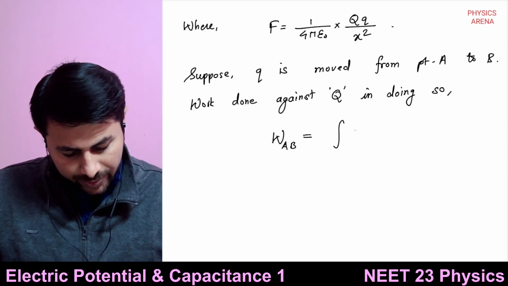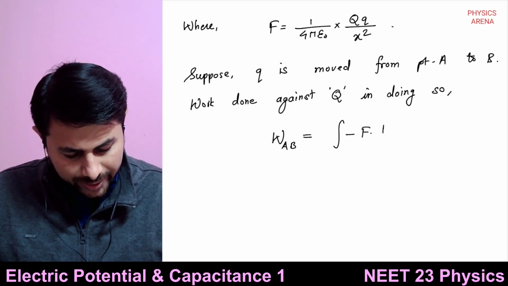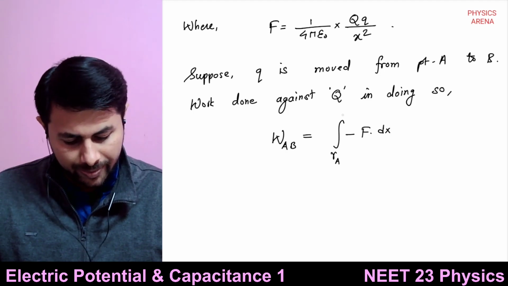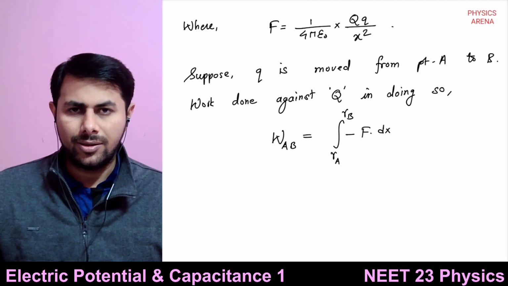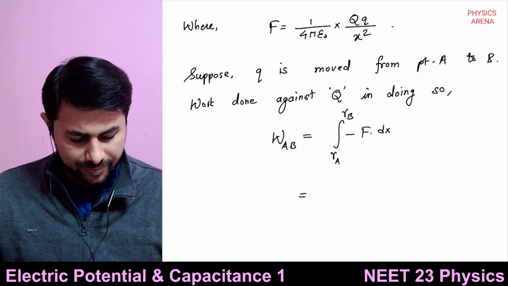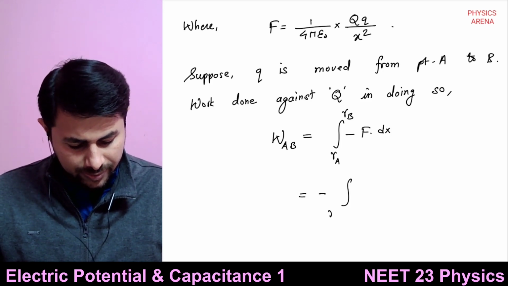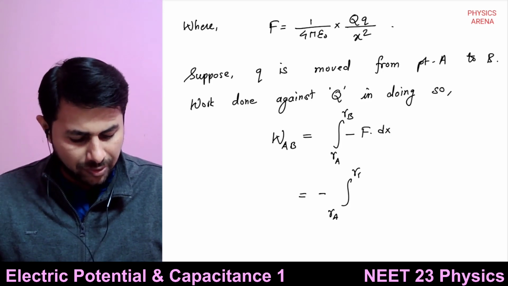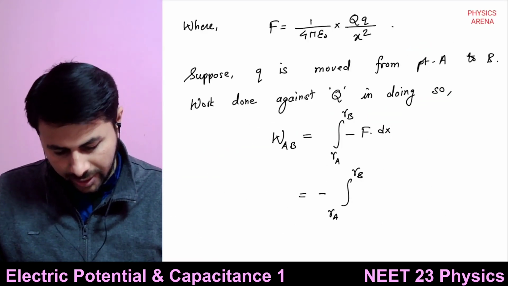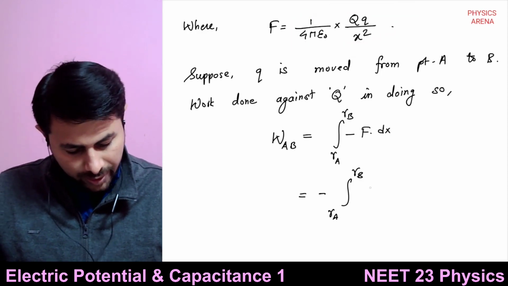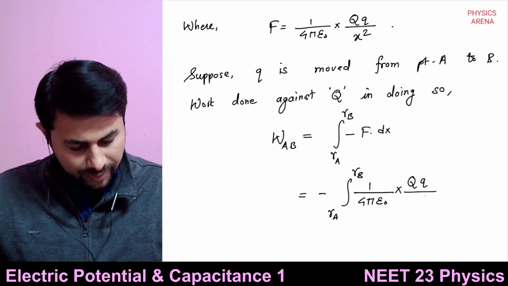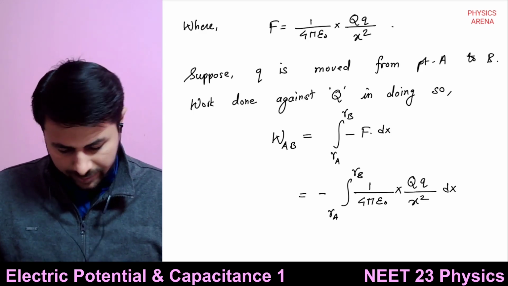So it is the integral of minus F dot dx from the initial distance R_A to the final distance R_B. Now we can take the minus sign outside, so it is minus the integral from R_A to R_B of F dot dx. And what is F? It's 1 upon 4 pi epsilon naught Q times q divided by x square, dx.